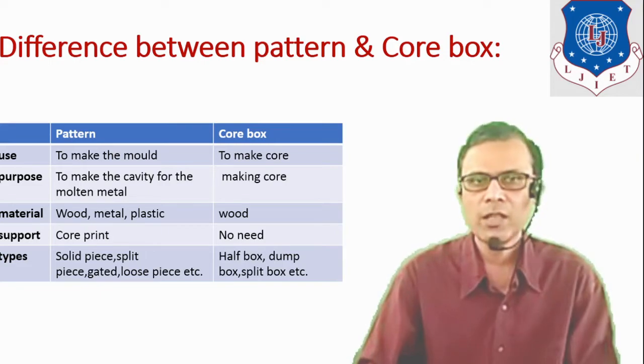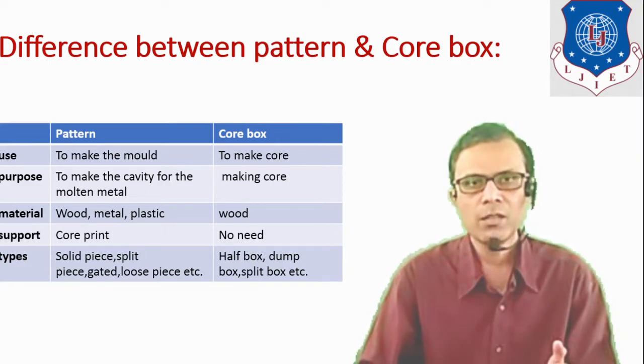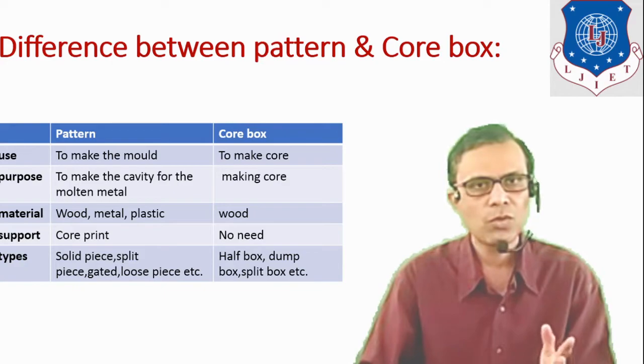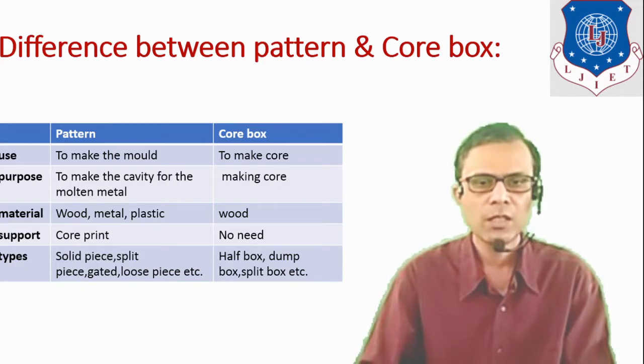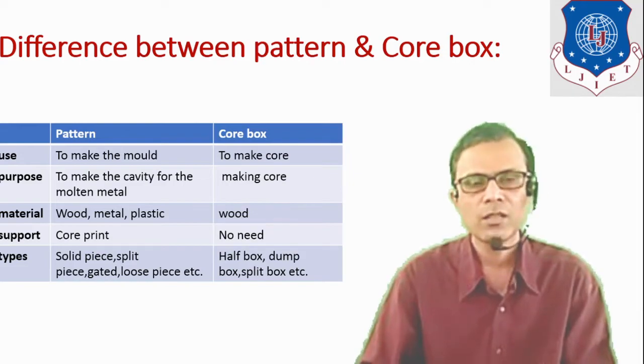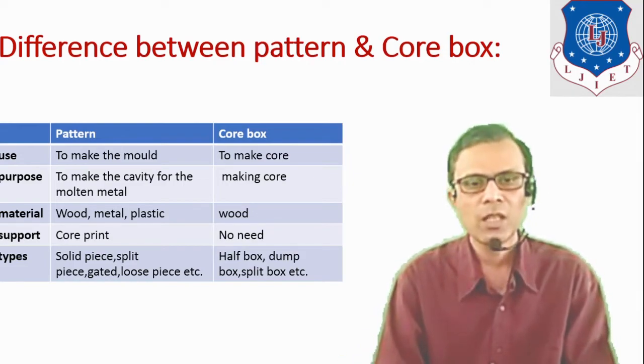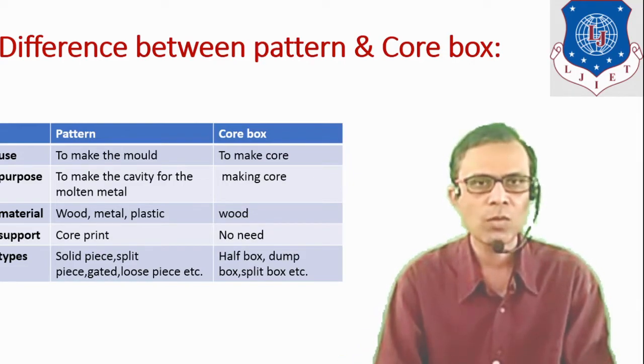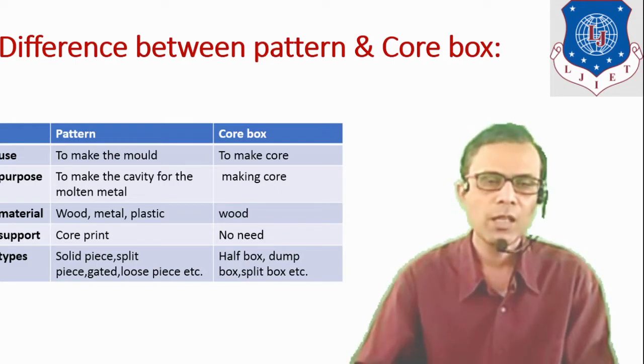Now, as we discussed, a pattern is used to produce a mold cavity, and a core box is used to produce a core. So somewhat it looks similar, but there is some difference between pattern and core box. So let's see what is the difference between pattern and core box.